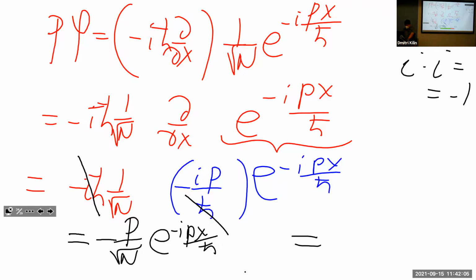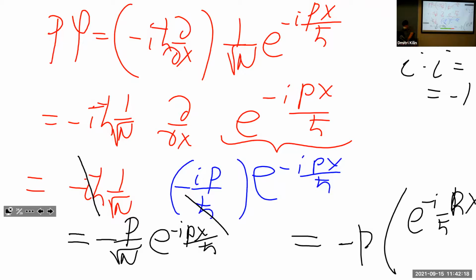And then we can identify it as minus p times e to the minus i over h bar p x, divided by square root of n. And this last bracket can be identified as phi sub p. Make sense? It is better agreement that we reproduce the function itself.